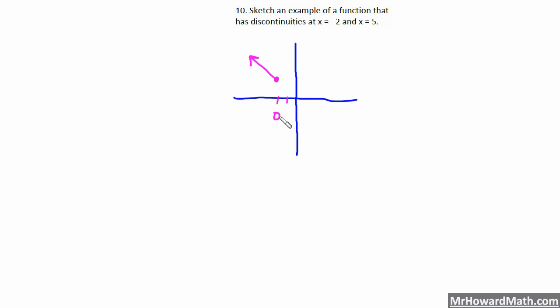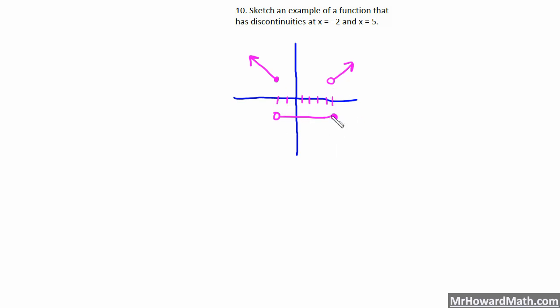So there's my discontinuity. I'm going to come over here to 1, 2, 3, 4, 5, and I'm going to put a solid right there and make it discontinuous here, and I'll draw an open like that. Okay, so discontinuities at negative 2 and positive 5.